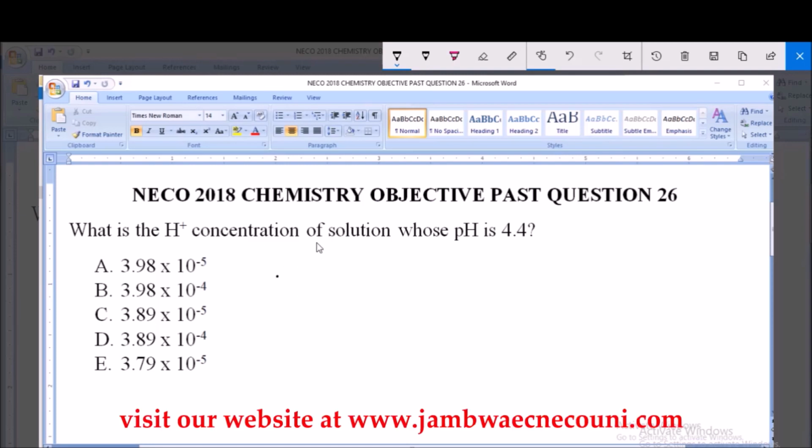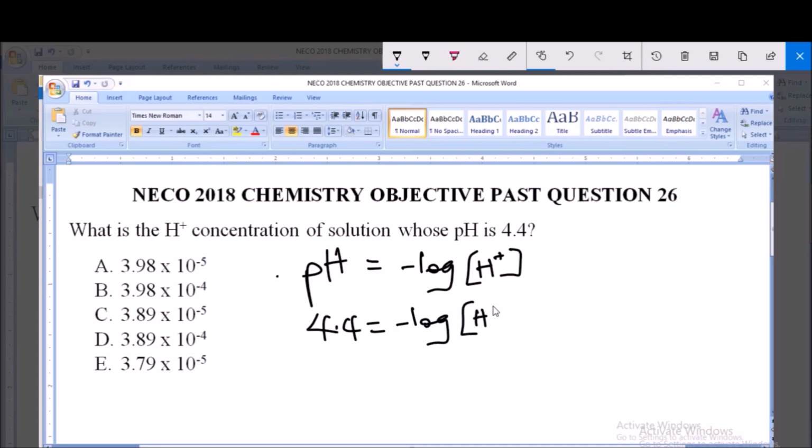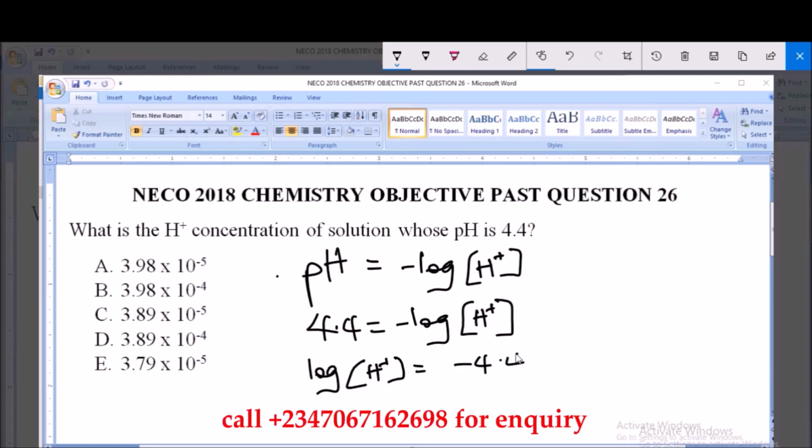Now, the formula connecting the hydrogen ion concentration and pH is given as pH is equal to minus log hydrogen ion concentration. From this, we're given that the pH is 4.4, so 4.4 is equal to minus log hydrogen ion concentration. Now from this, we can say log hydrogen ion concentration is equal to minus 4.4.